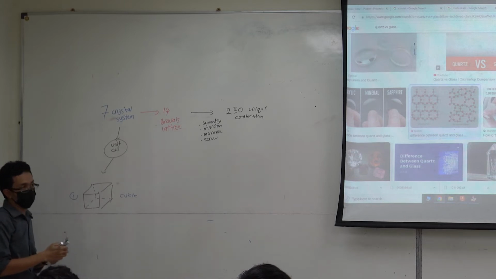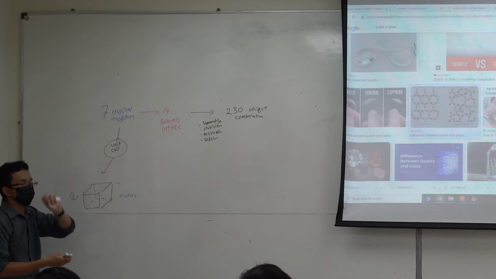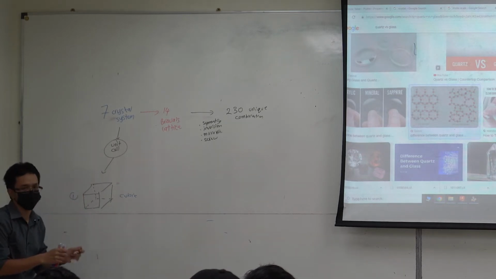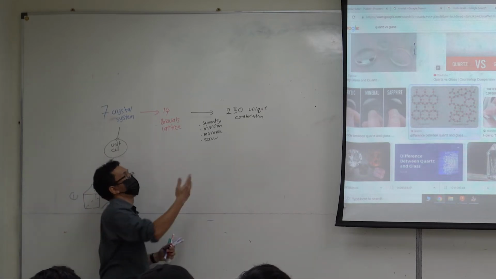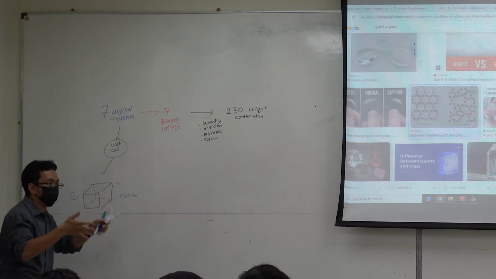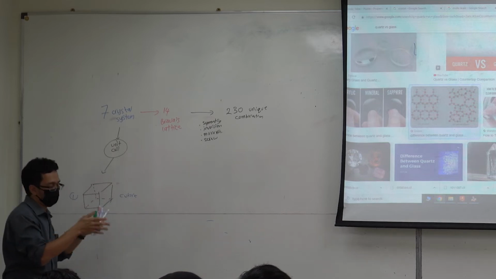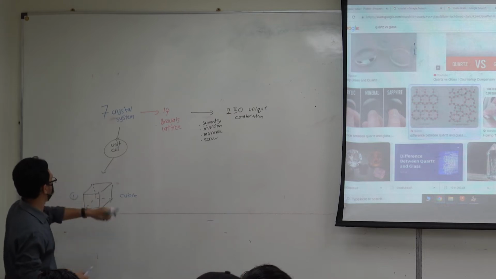Meaning the number of arrangements of atoms in a crystal is not infinite. It's finite. That's why people can study this easily. Not easy, but it allows the crystallographer to study this methodically.